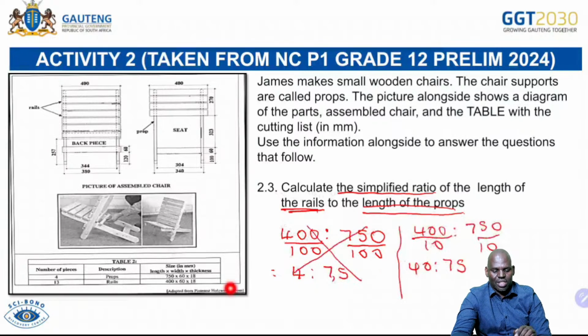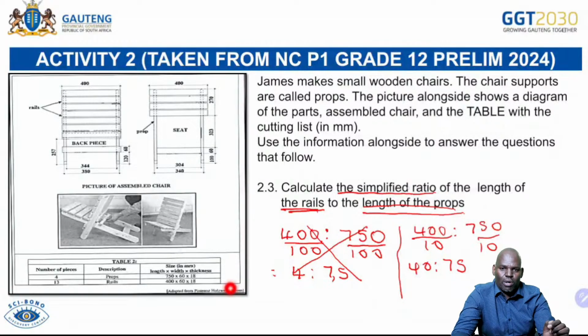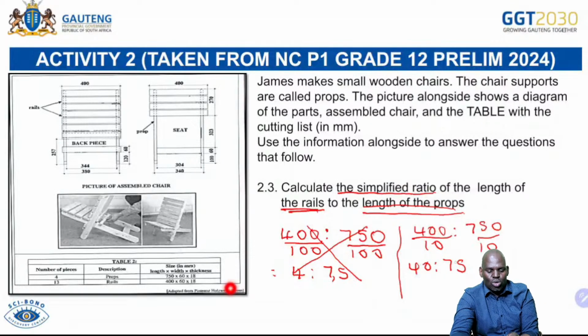The question is just for the simplified ratio. It is also possible that the examiner might say, calculate the unit ratio. If you have to calculate the unit ratio, it means one of these values must be 1. Just for your own enrichment, if we write this one as a unit ratio, we can divide by 40.